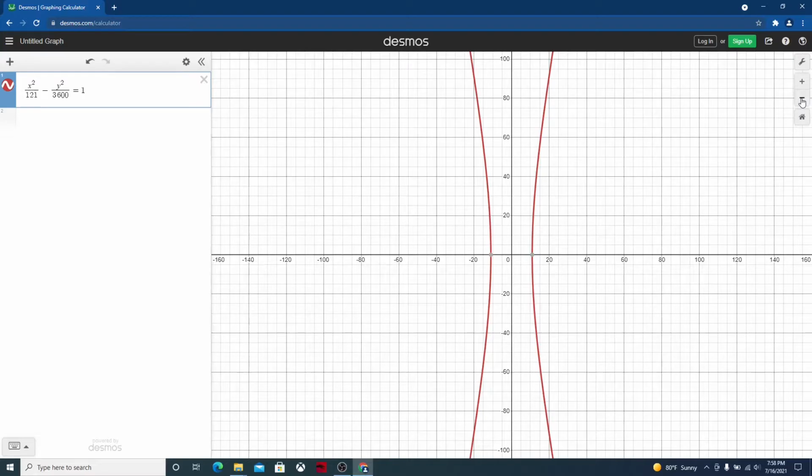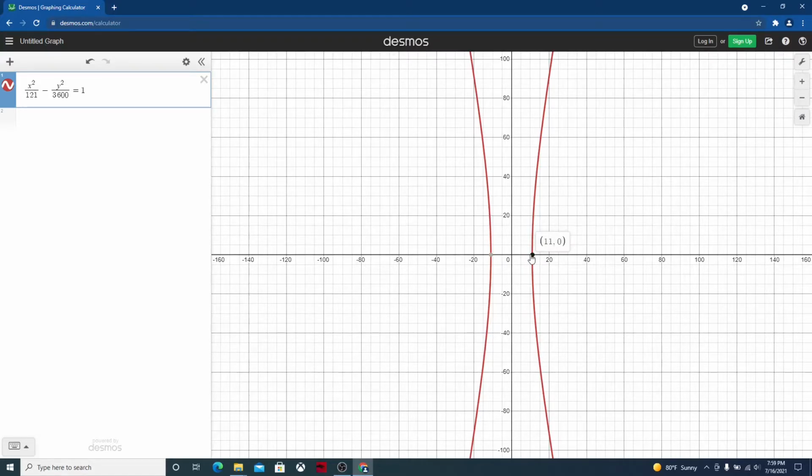Those are called branches, so we have two branches for this hyperbola. Just like we did in the videos regarding ellipses, we're going to plot the vertices and the co-vertices. We're also going to plot the axis that connects the vertices and the axis that connects the co-vertices. So let's jump into that.